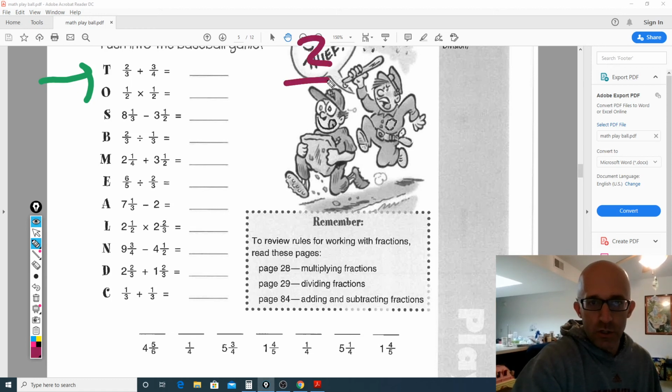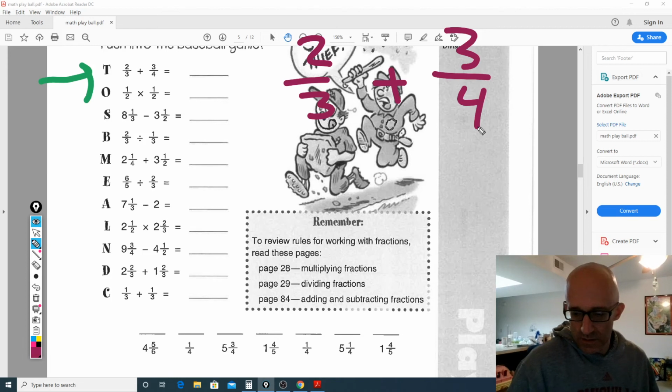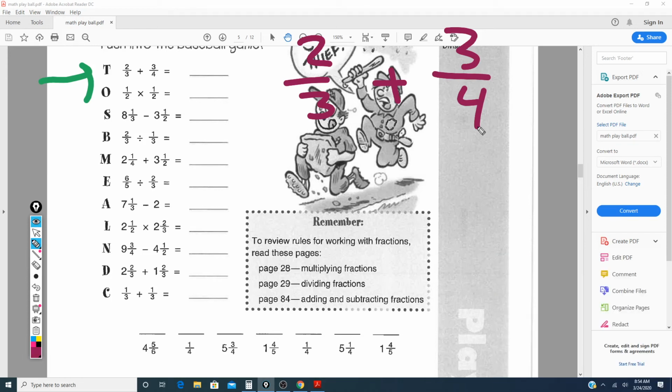So if I have 2/3 plus 3/4, you have to first of all find the least common multiple of both denominators.